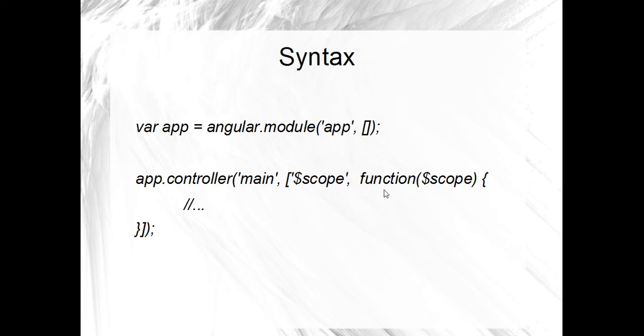The function is the place where the controller logic is present. You can see one item before the function, $scope, which is the dependency this controller needs. $scope is the local scope context that every controller has.